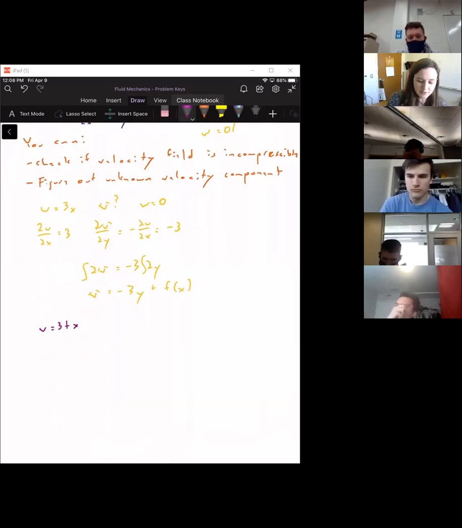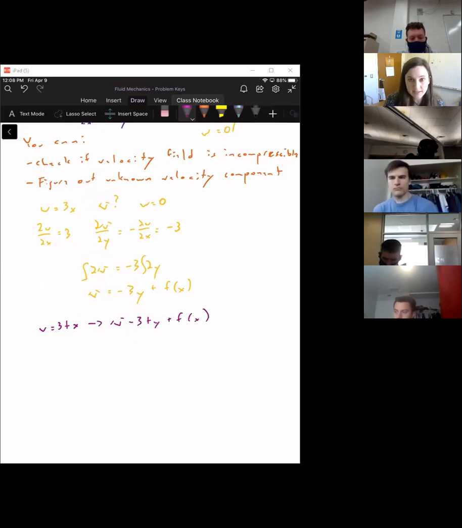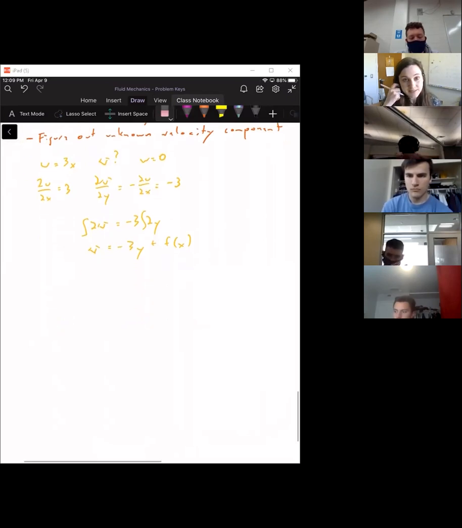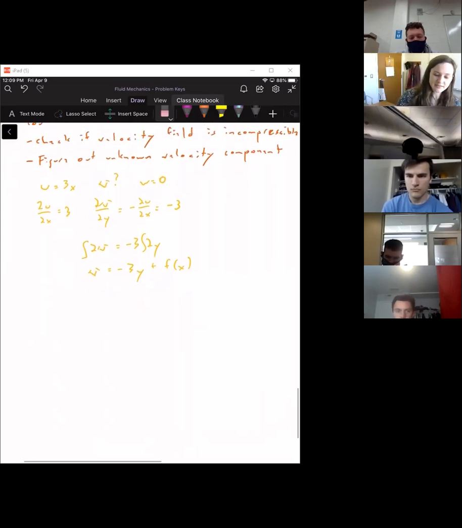Like if u is equal to 3tx, then v would end up being negative 3ty plus f of x, and maybe f of x and t, because essentially that would mean the y velocity would have to change with time in such a way to cancel out the x velocity, right? You did something like that on your homework. You should have just found that it was just math. So that's the continuity equation.